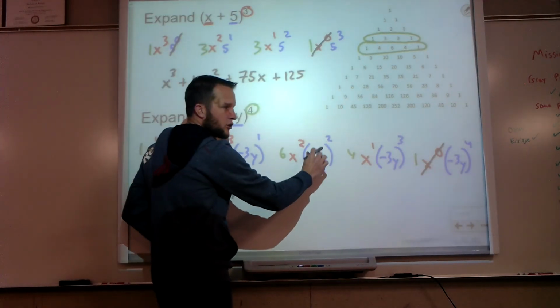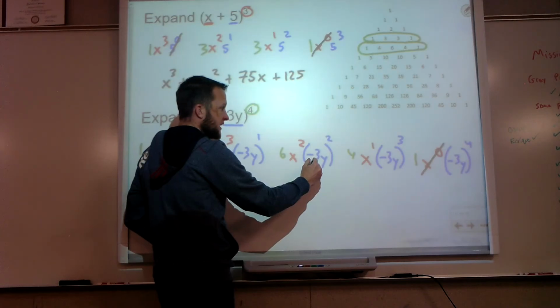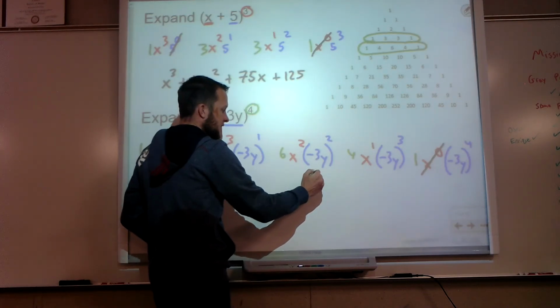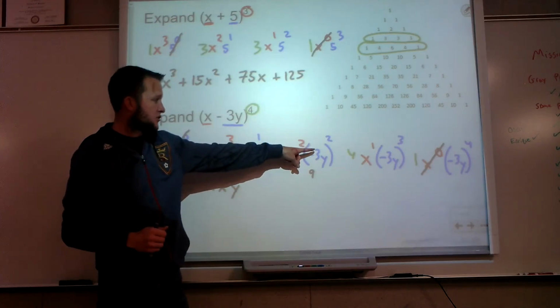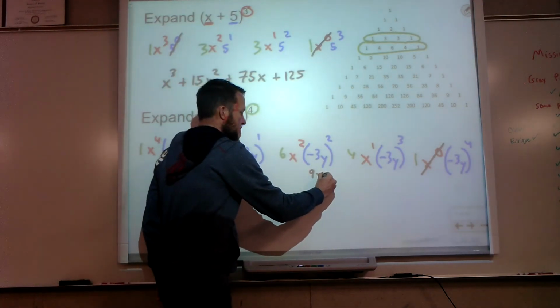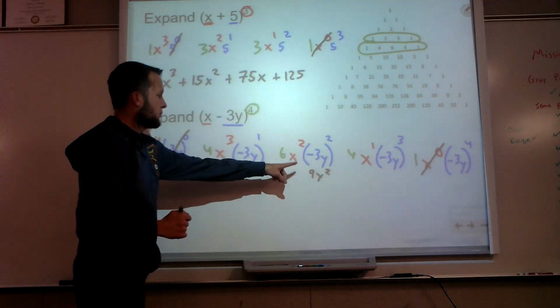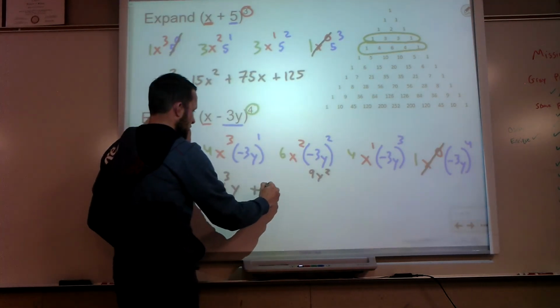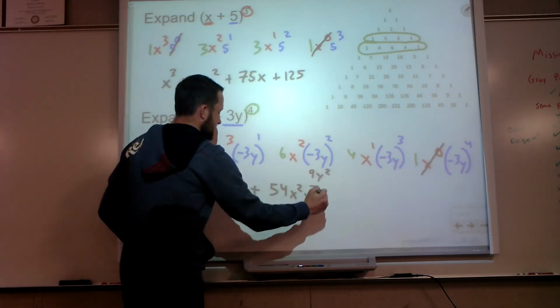I'm going to do that real quick before I multiply it by the 6. Negative 3 squared is a positive 9. That's why I had you write it in parentheses, so you remember to square the negative as well as the 3. So this is actually a positive 9y squared. Then I'm going to multiply the 9 and 6, and that's going to be 54x squared y squared.